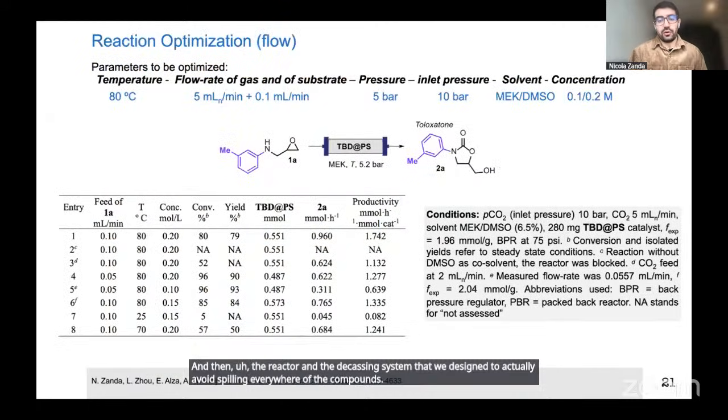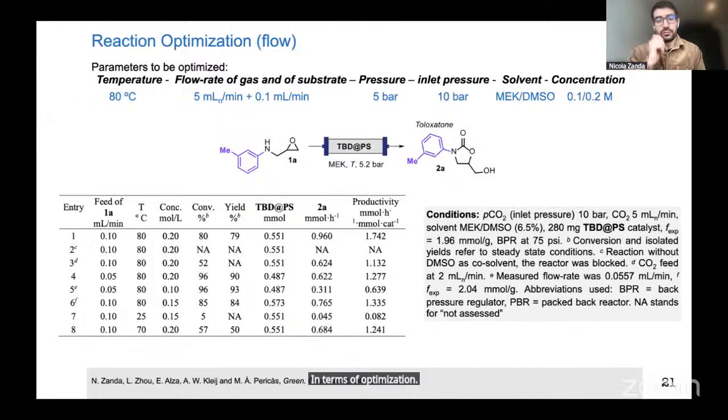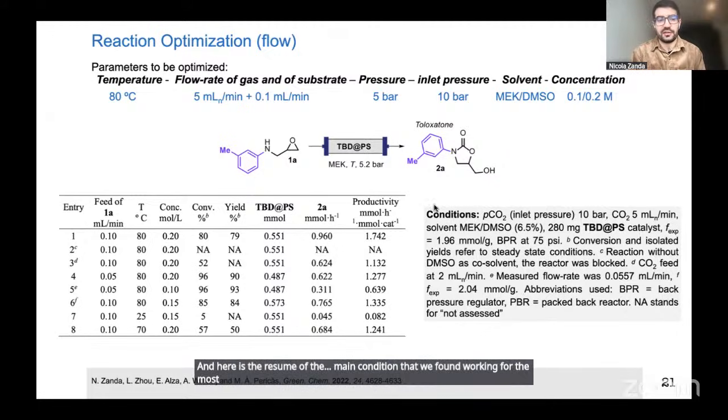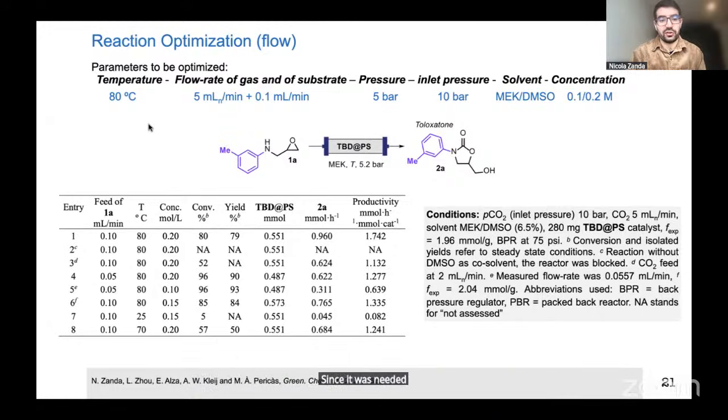In terms of optimization, in this table are summarized some conditions that we tested, but not all of them. And here is the summary of the main condition that we found working for the most activated substrates. So the temperature used was 80 degrees, since it was needed to boost the conversion significantly.